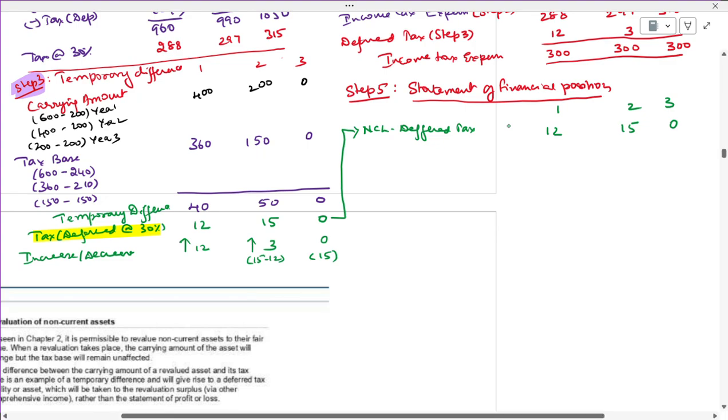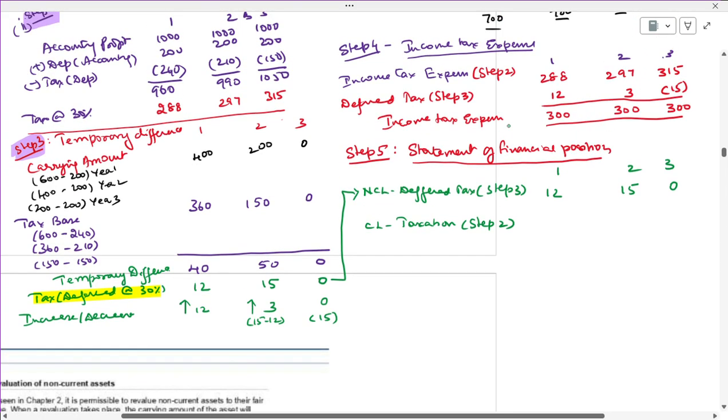Next, current liabilities, taxation. I will put this as step 2. From where we are getting?